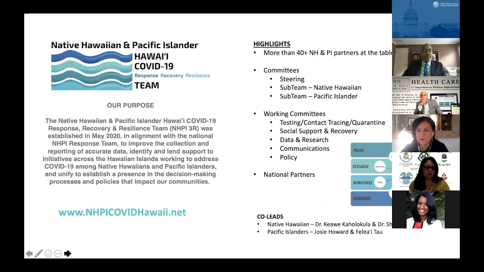And so the other collective here in Hawaii, like I said, is the Native Hawaiian and Pacific Islander team. We were really birthed or created out of the national response, and it was really to look at how we improve the collection and reporting of accurate data for our community. It's also looking at identification and lending support to already existing initiatives that were already happening across the state.